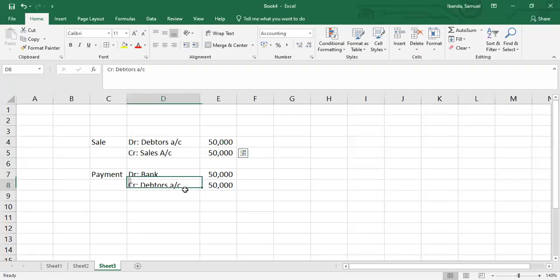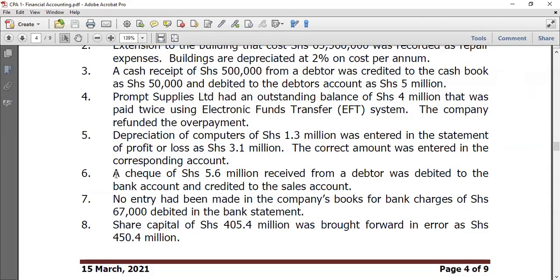So the transaction that they have given us, where we are correcting an error, means that they are telling us that a check of this received from a debtor was debited to the bank account as 5.6, and this was done rightly.